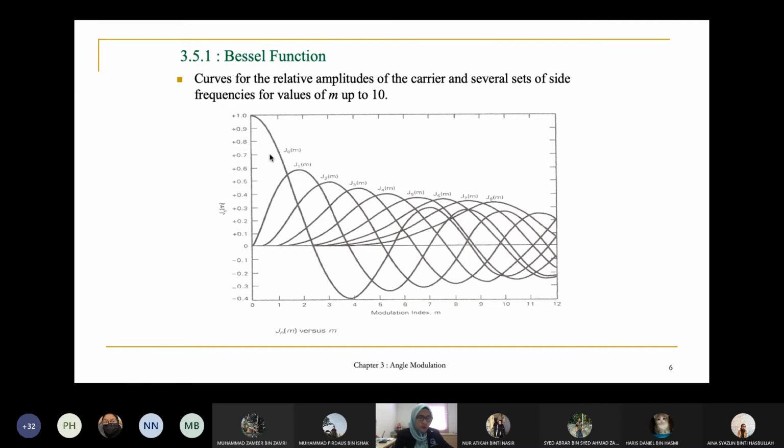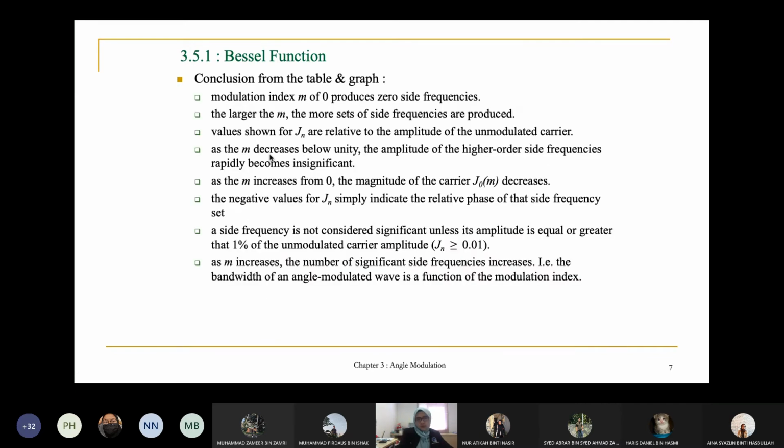So the conclusion from the graph over here, I think you can read by yourself. It just summarizes what you can see from the previous Bessel table and Bessel curve. For example, from the Bessel table, you can recheck later, a modulation index of 0 produces no side frequencies. And I already told you before that the larger the m, the more sets of side frequencies are produced.